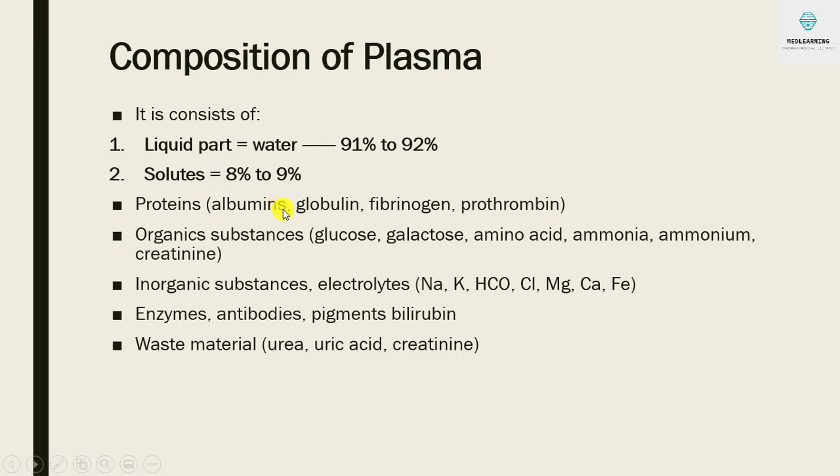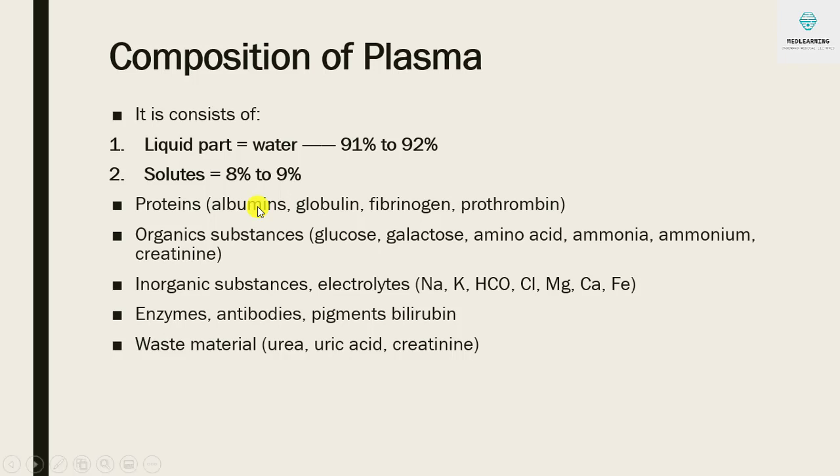Especially albumin carries glucose, and we know that glucose is very important for the nutrition of the cells, and is basically the currency that our cells live on. It is the energy of our cells. That is the importance of glucose, and albumins carry this glucose.